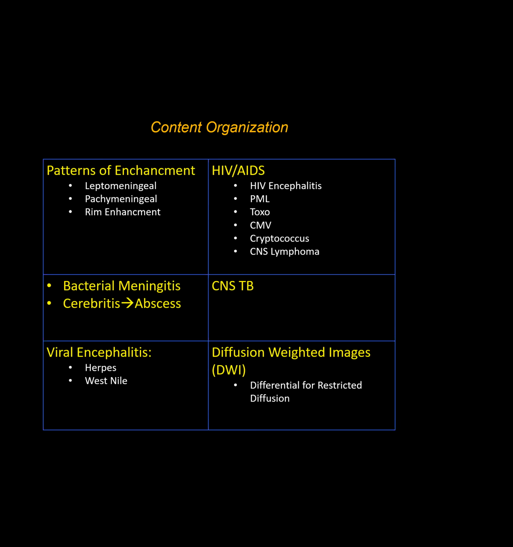I'll talk about how the evolution is for a brain abscess, starting from cerebritis to actually a mature abscess. I'll talk about viral encephalitides. Then I'll talk about different opportunistic infections you can get when you have HIV. I'll talk about CNS TB, and that's pretty much it. If I have slides at the end on neurocysticercosis and there's time, I'll go over that as well.